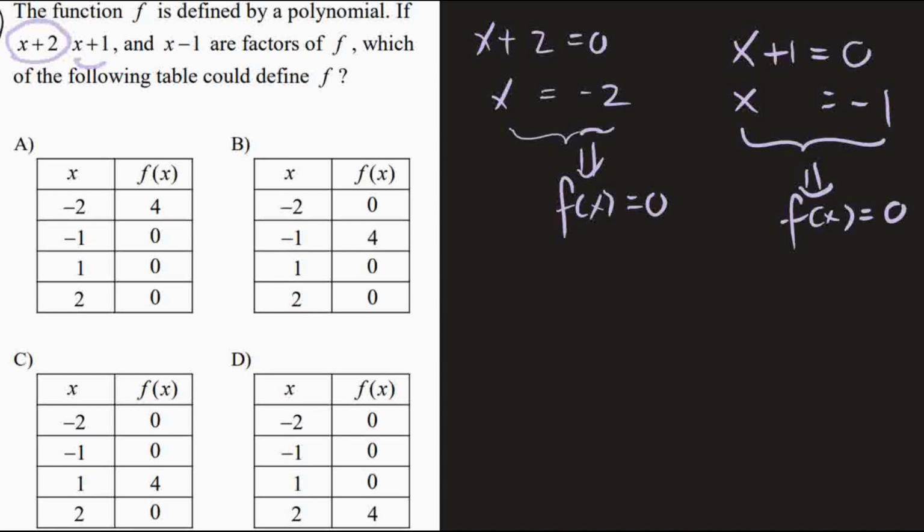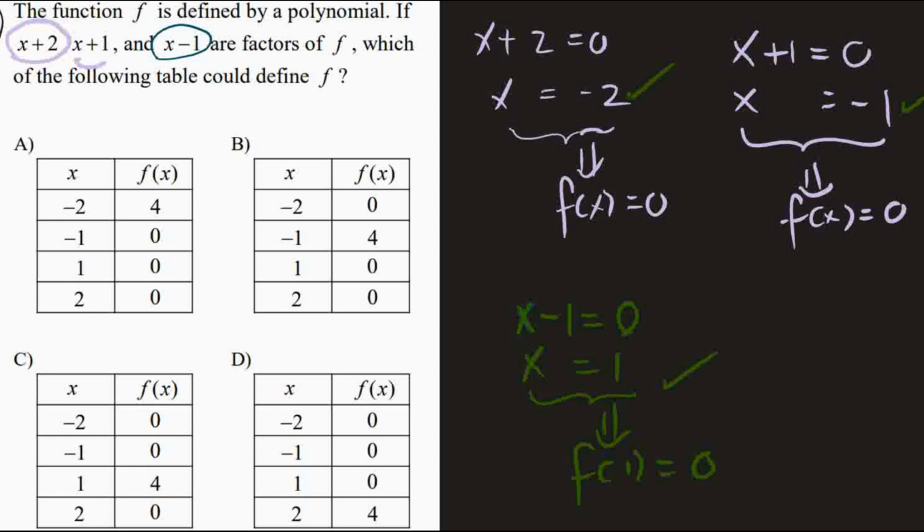The third one, x minus 1 equals 0, then x equals 1. So when we substitute x equals 1 into the function, f of 1 will be equal to 0. So now we have negative 2, negative 1, and 1.